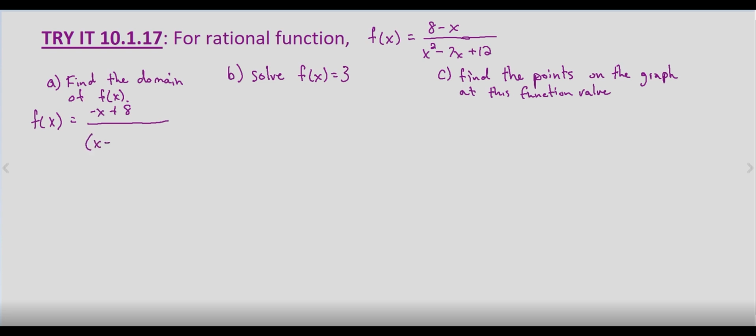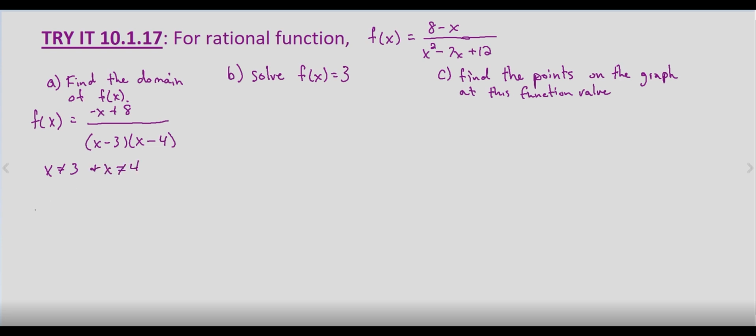So x minus times x minus, and the two numbers that would add to negative 7 would be 3 and 4. So for the domain, we know x minus 3 can't equal 0 and x minus 4 can't equal 0, so x can't equal 3 and x can't equal 4.